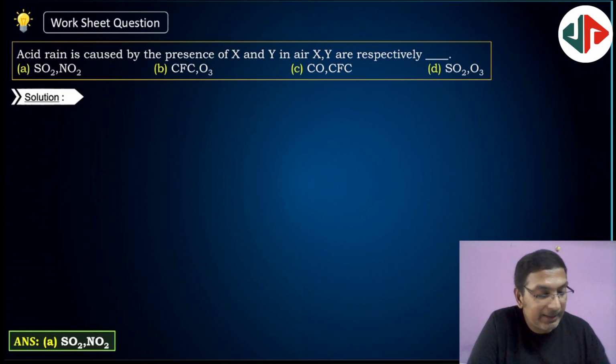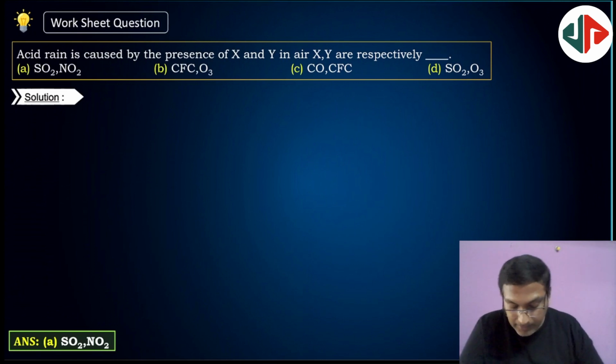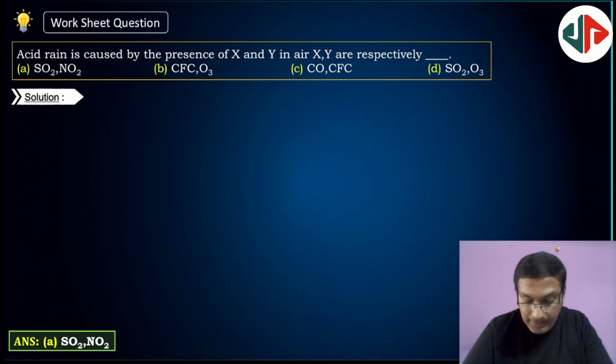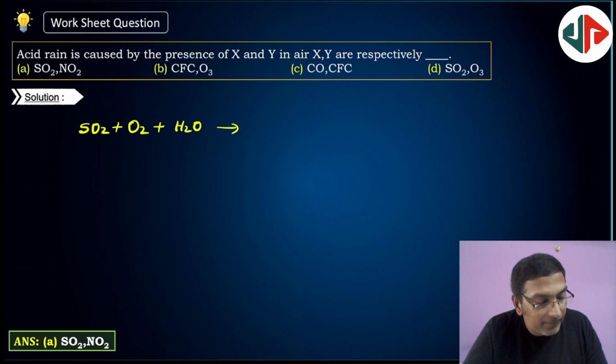So acid rain is caused by presence of X and Y in air. X and Y respectively are. So acid rain is due to oxides of sulfur and nitrogen. Here sulfur dioxide SO2 first undergoes oxidation, next reaction with water. So 2SO2 plus O2 plus 2H2O gives 2H2SO4, sulfuric acid.